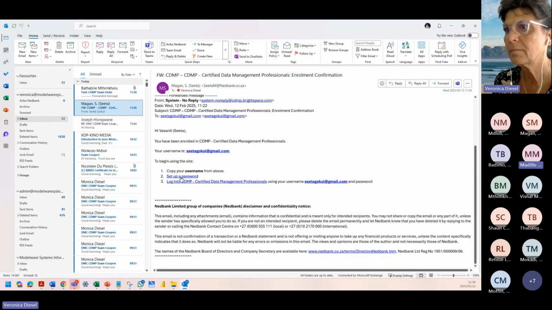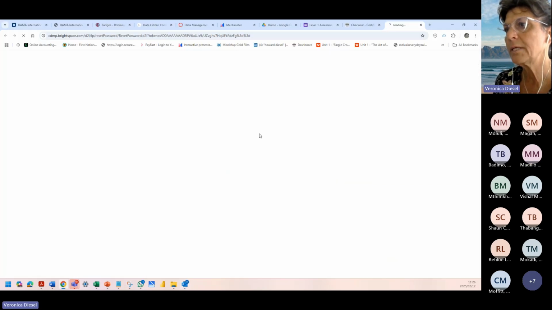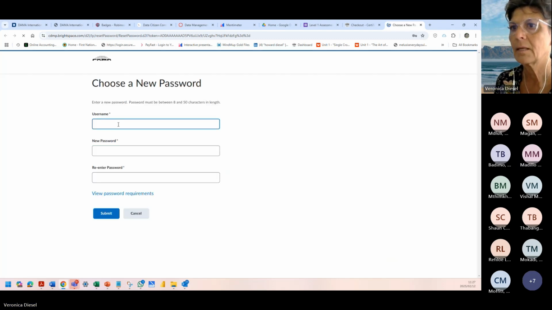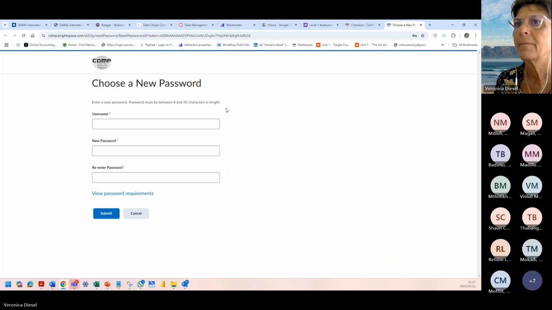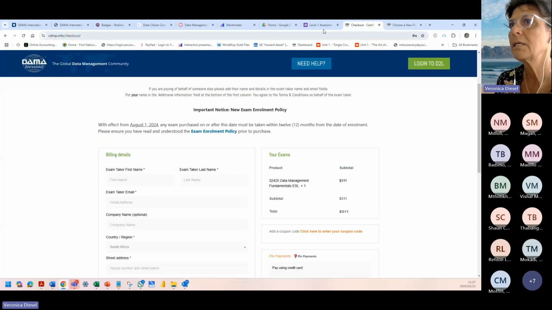Okay, so set up a password gets you to this screen. Put your username in, your new password, and re-enter password. And then you can log on. Let me just, oopsies, where did I put that email? Here we go.